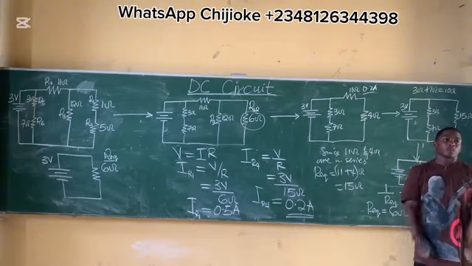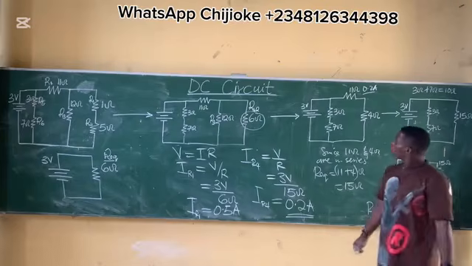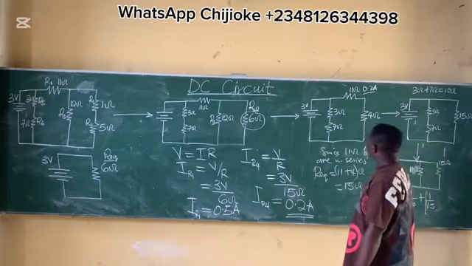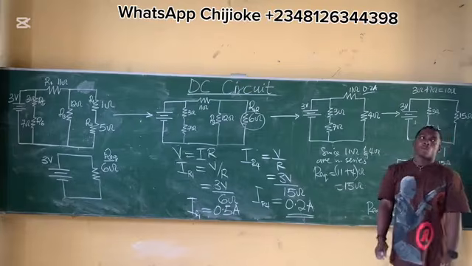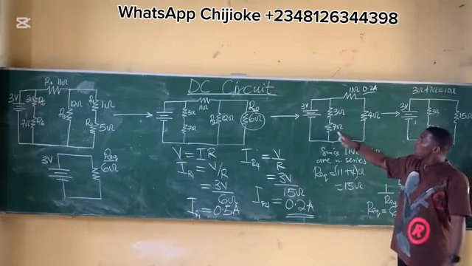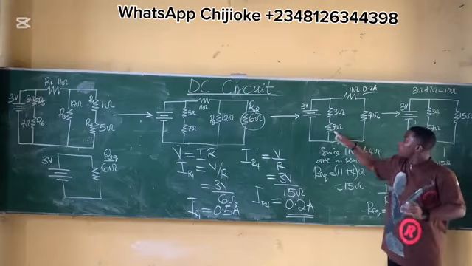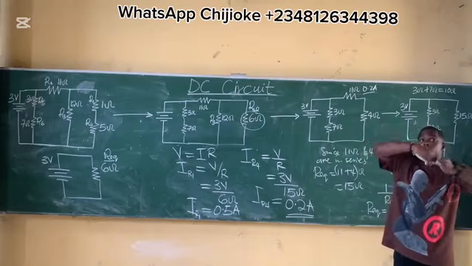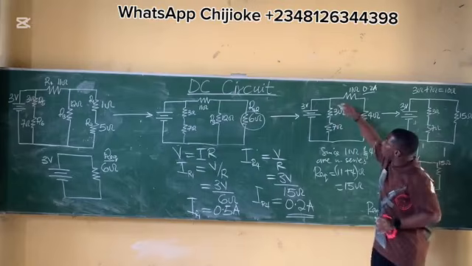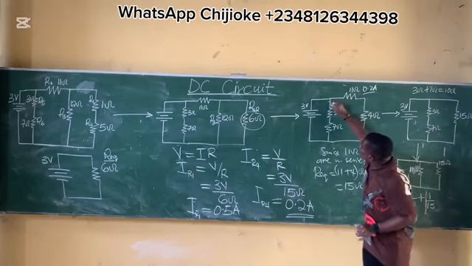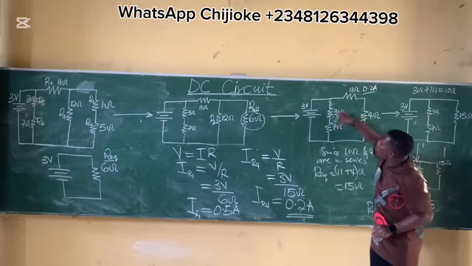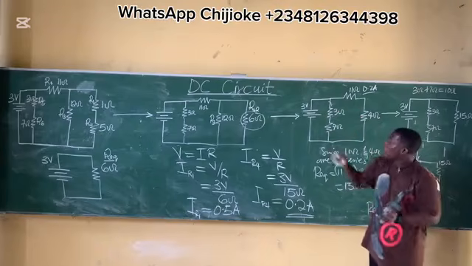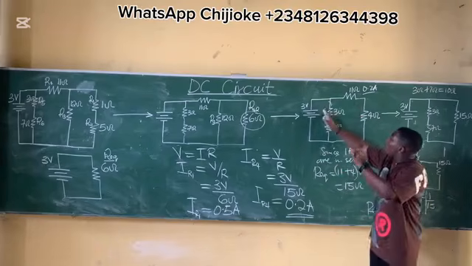Yes, ask. The 3 ohms and the 7 ohms, I do not say they are in series with R4. These 3 ohms and 7 ohms are divided resistors in parallel. If I have another resistor here, this resistor and this one would be in series first. Then when you get the equivalent resistance, it will not be in parallel with the other one.